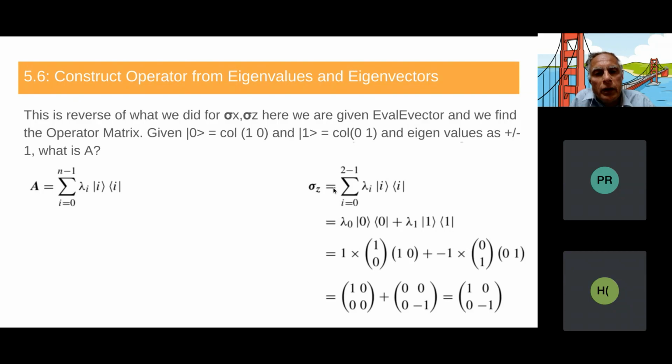For z, what do we need? We need I to be 0, and x, y, z, so we have 0 to 0, 1, that is 2 dimension, right? Because we are looking at sigma z, which is a 2 by 2 matrix. To calculate the 2 by 2, we are saying that I equal to 0 to 2 minus lambda I.